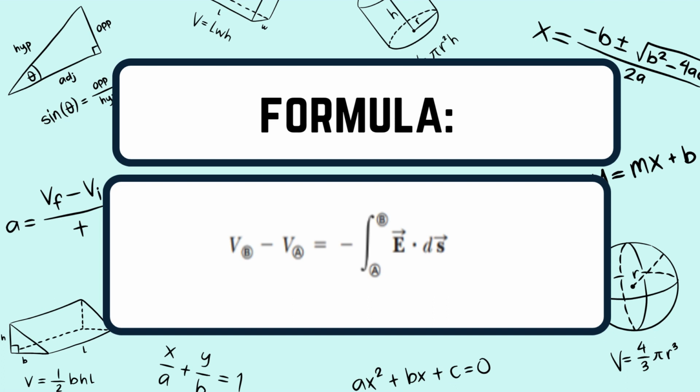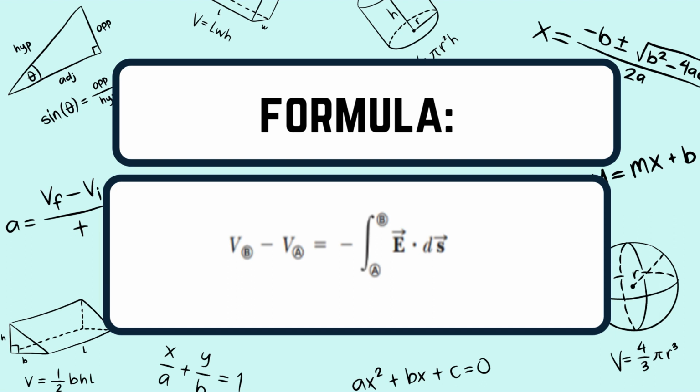To find the electric potential at a point located at a distance r from the charge, let's begin with the general expression for potential difference. So for this formula of electric potential, V is the electric potential, as you can see in the PowerPoint, and E is the electric field vector.